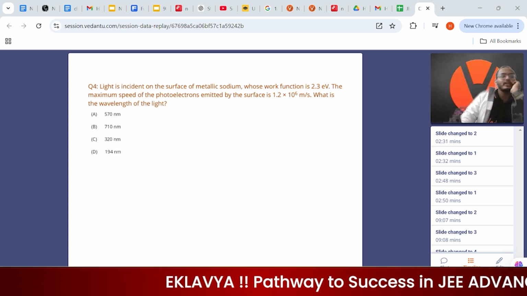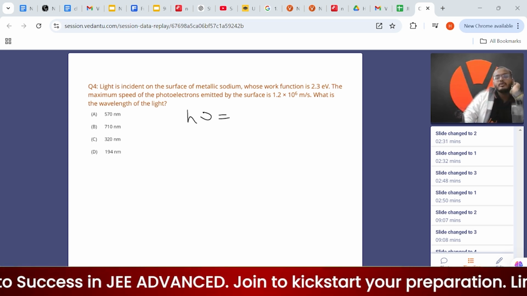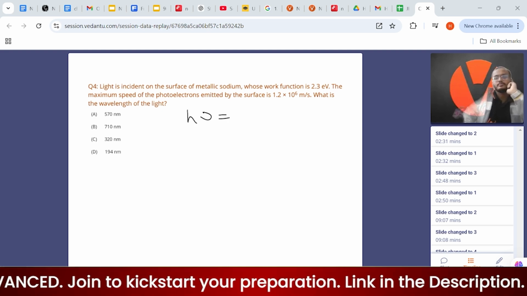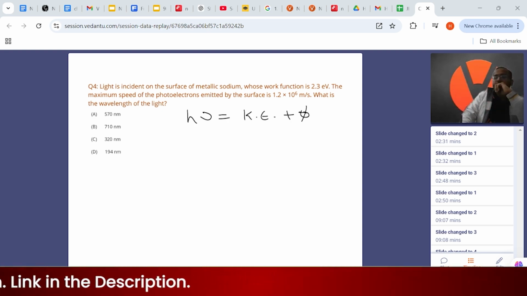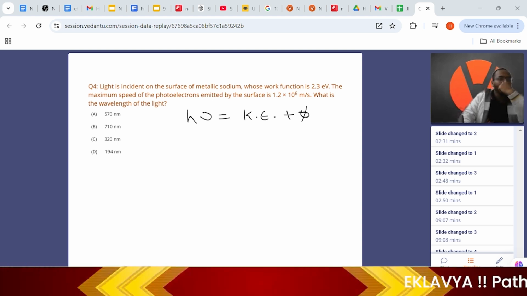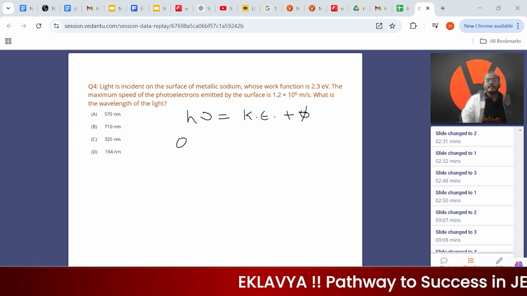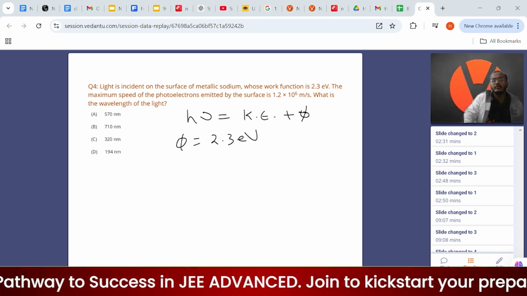See, use the photoelectric equation here. We know that h mu is equal to kinetic energy plus work function, right? So from here, I can calculate it. See, work function given here is 2.3 electron volt.